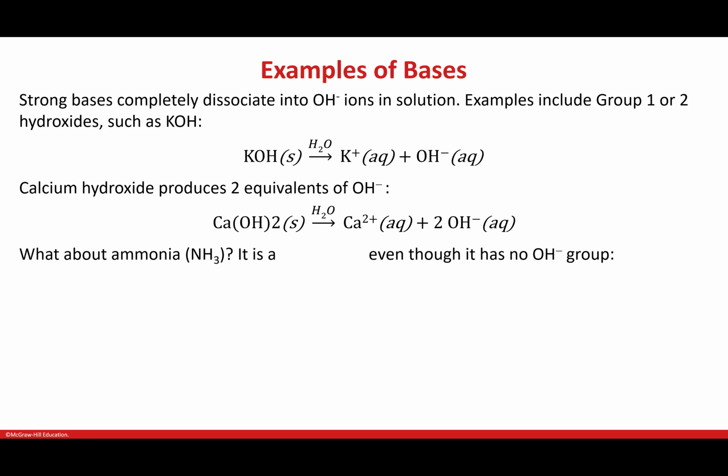Now, NH3, ammonia. The formula for ammonia is NH3. You're like, how in the heck do I get OH minuses out of NH3? I'm going to show you how that works. Ammonia isn't a strong base, but it's a base. It gives you a base as it reacts with water. It's what we call a weak base.